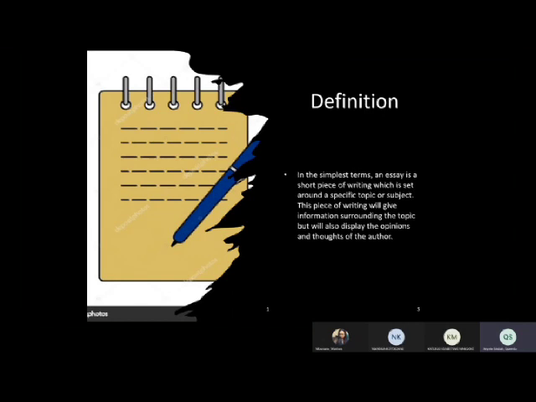An essay is a short piece of writing which is set around a specific topic or subject. This piece of writing will give you information surrounding the topic, but will also display the opinion and thoughts of the author. And the author here is you, right? So it will display your opinions and thoughts, of course, in the third person.